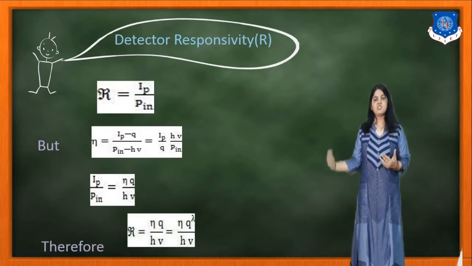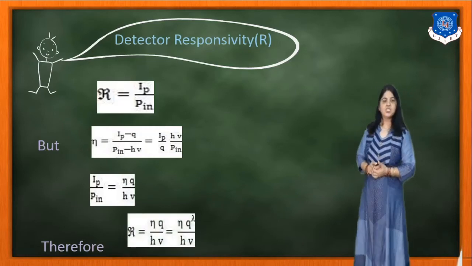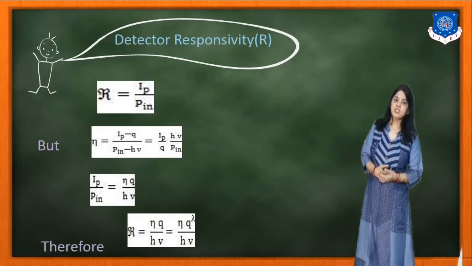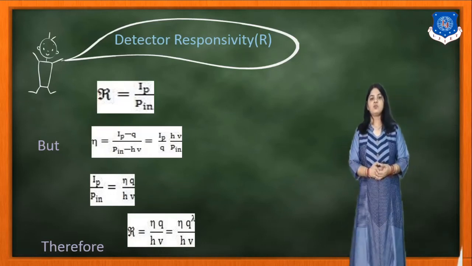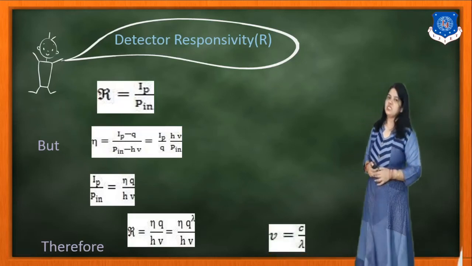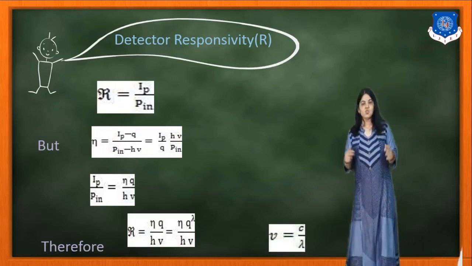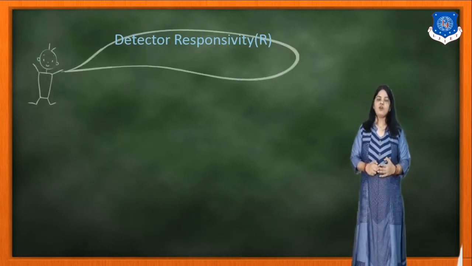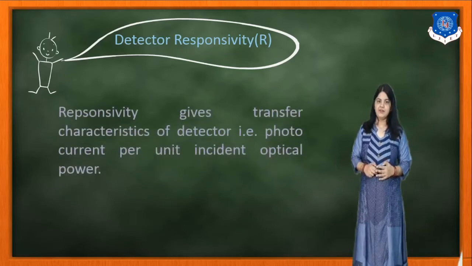Therefore the responsivity is equal to eta Q upon h into v, which is equal to eta Q lambda upon h into c, where v is equal to c upon lambda. This is the characteristic of the optical detector.